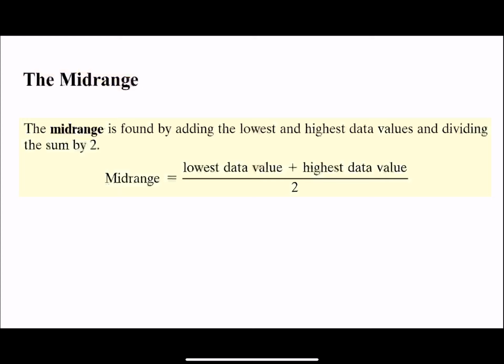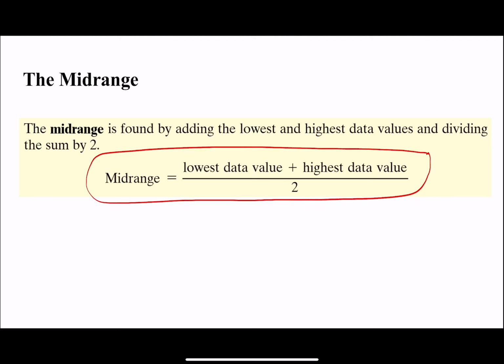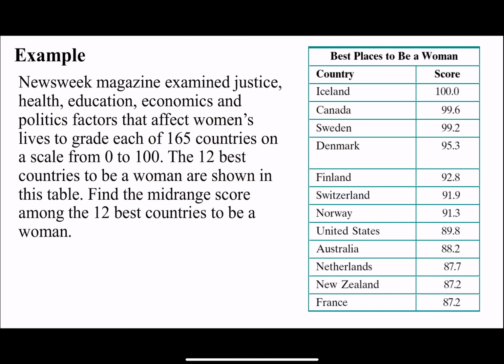Well, we have another measure of central tendency, that's the mid-range. Well, the mid-range is found by adding the lowest data item to the highest data item and dividing the sum by 2. Here we go. This is the equation for the mid-range. For example, let's say we have data that shows the best 12 countries to be a woman, right?